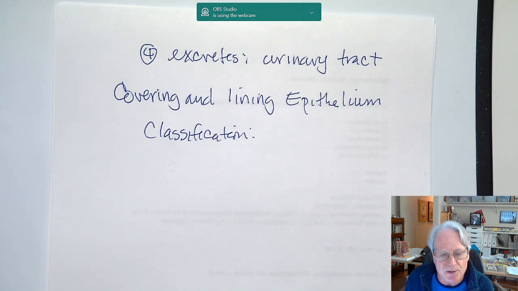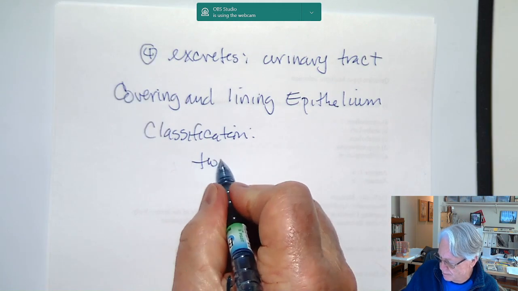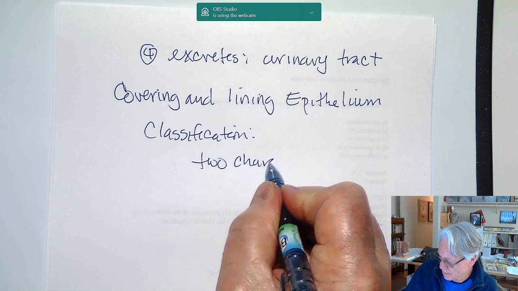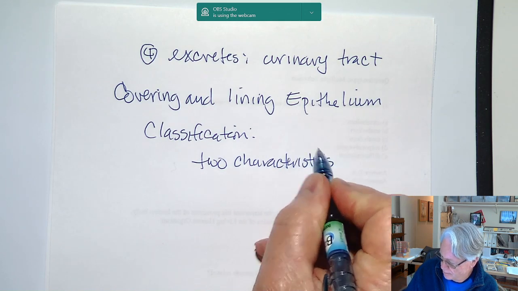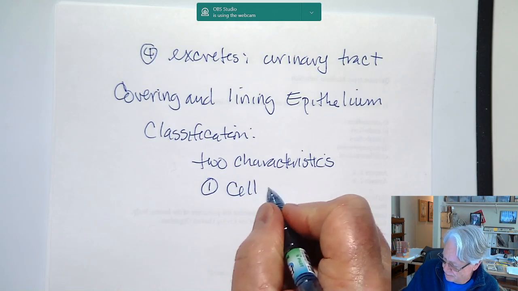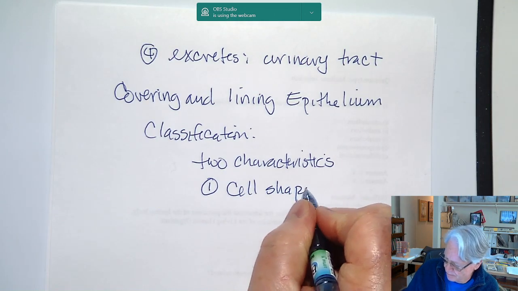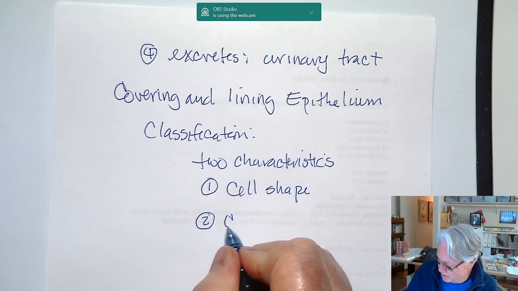And you're already, hopefully, very familiar with this system. As you know, it's going to be based on two characteristics. And these characteristics are cell shape, and number two, cell arrangement.